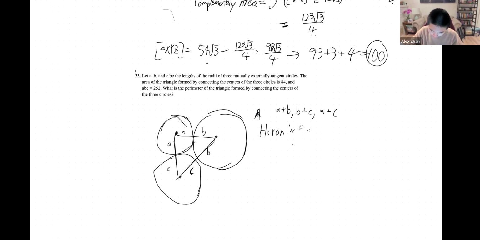Okay, so we apply Heron's formula here. The semi-perimeter S is one half of the sum of the side lengths.